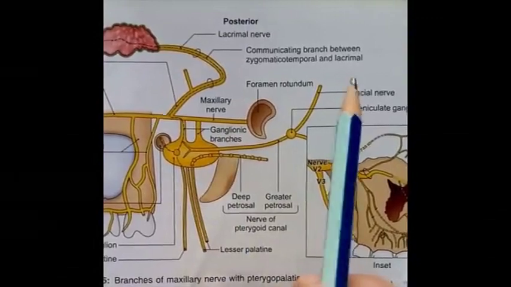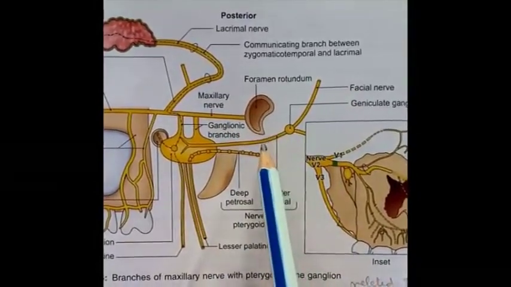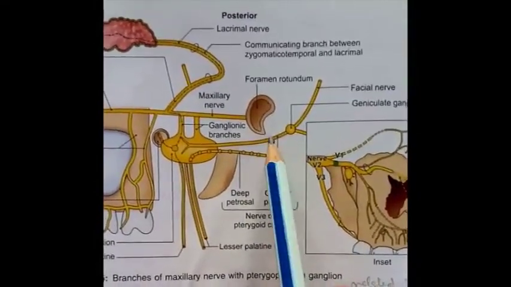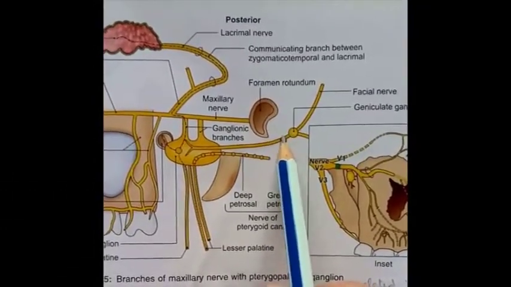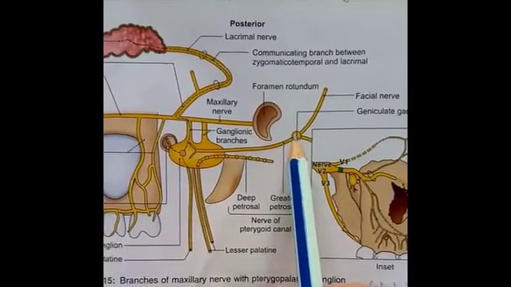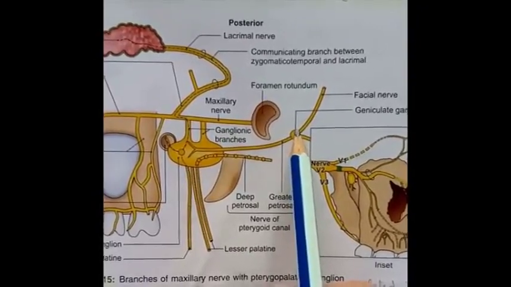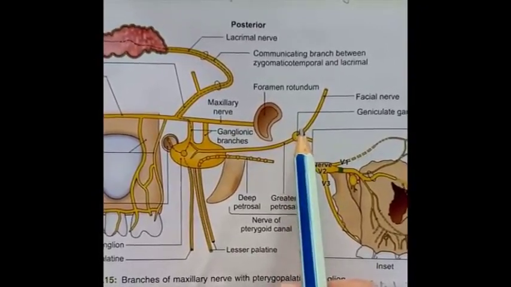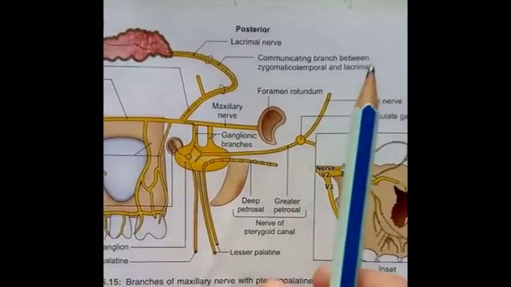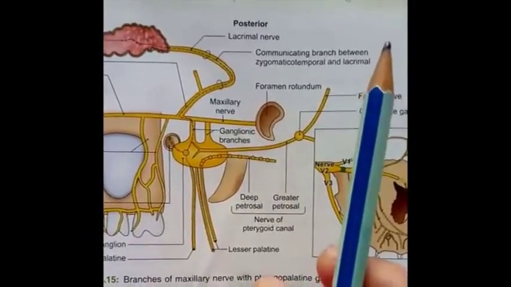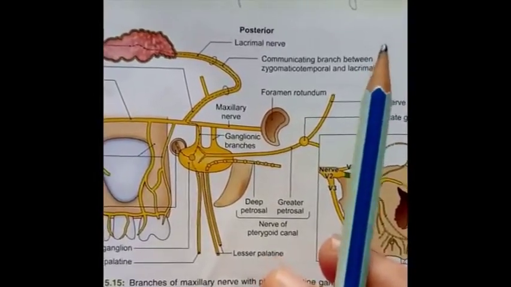And from where is it coming? It is carrying the preganglionic fibers that arise from neurons present in the superior salivatory and lacrimatory nucleus in the brain. So it is carrying the sensation from superior salivatory and lacrimatory nuclei.